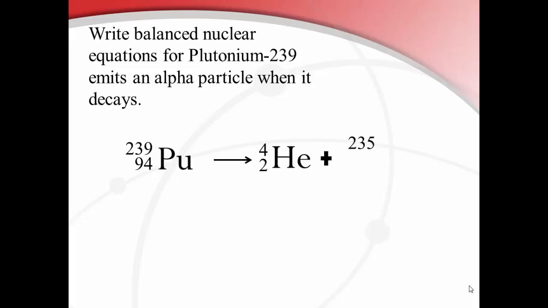We also know that the total atomic numbers on the left and right must be equal. 94 equals 2 plus a number. 94 equals 2 plus 92. Now we look up on the periodic table for the atomic number of 92, and we write the symbol for the element, which is uranium. This is the complete equation for the alpha decay of plutonium-239.